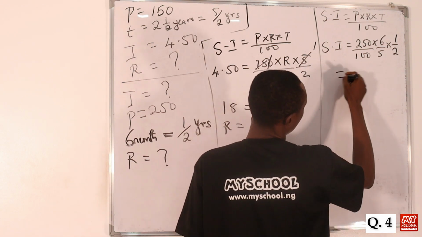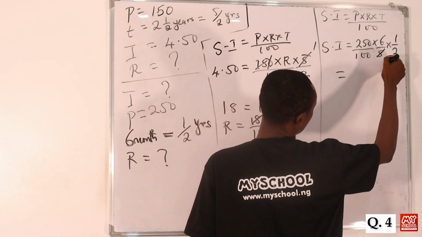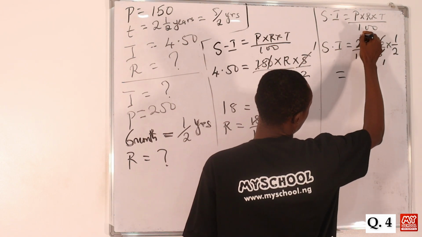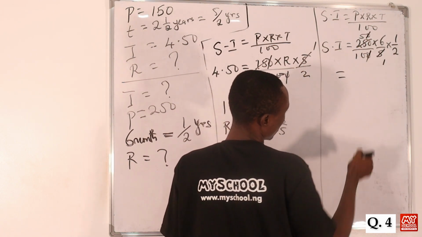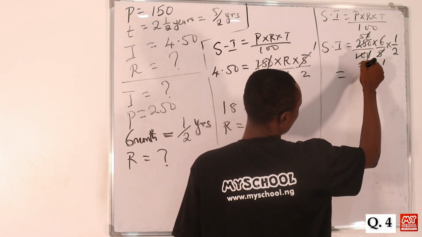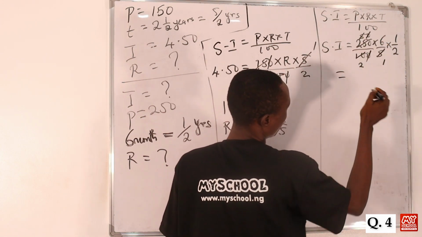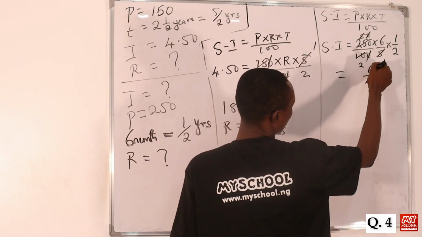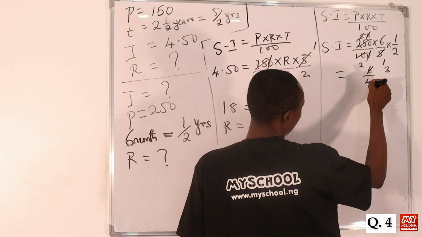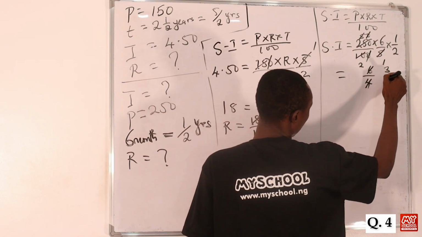Now let's divide. 5 here is going to give us 1, and 5 here is going to give us 50. So 0 takes out 0. 5 here will give us 2, and this will take out this 5. So we still have 6 over 4. 2 here will give us 3, and 2 here is going to give us 2.